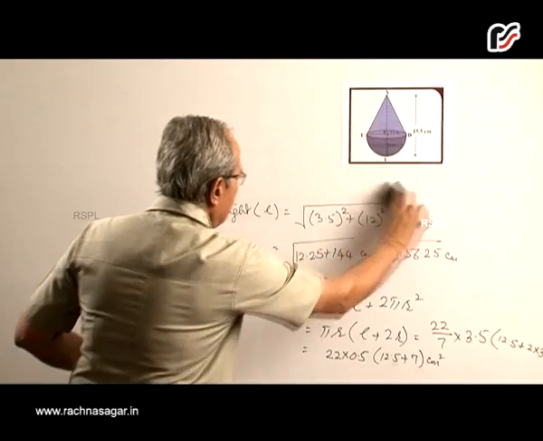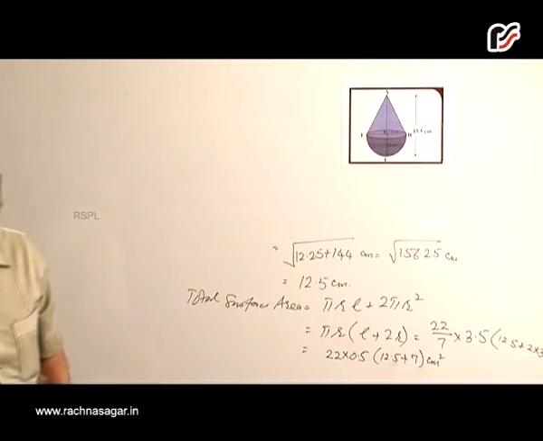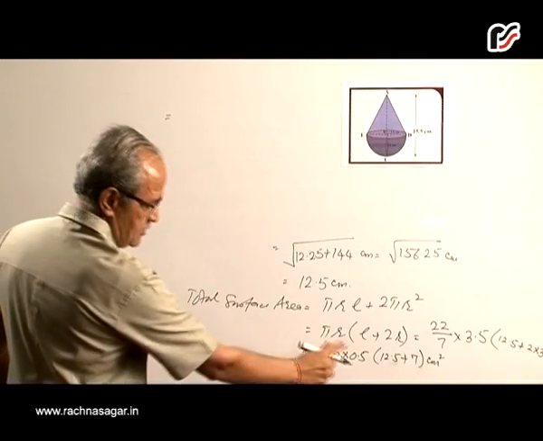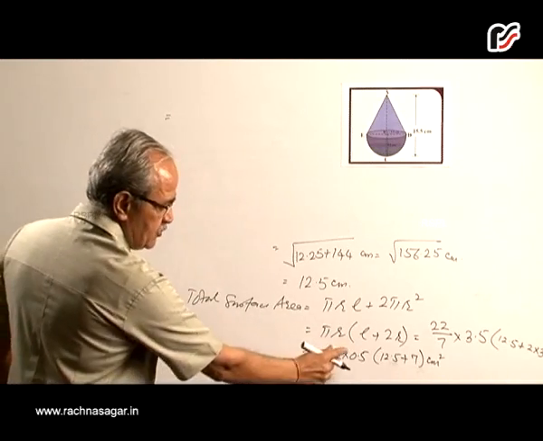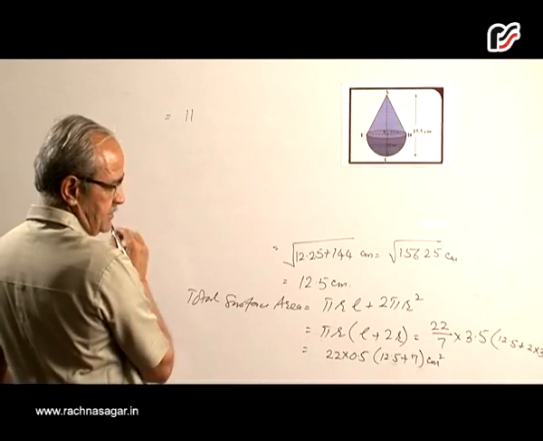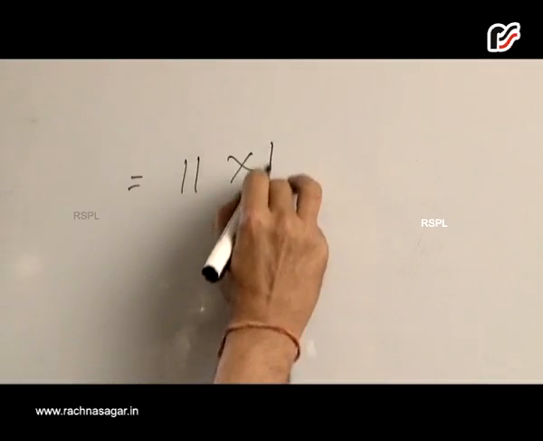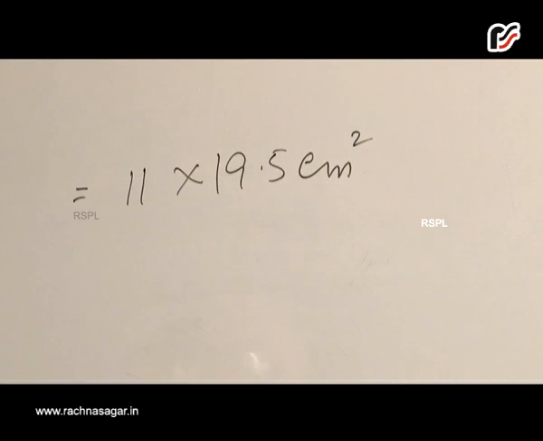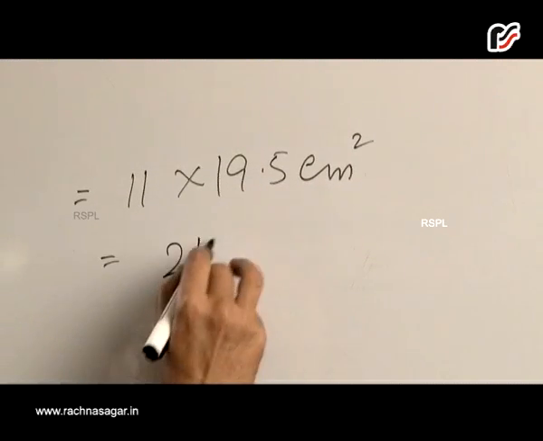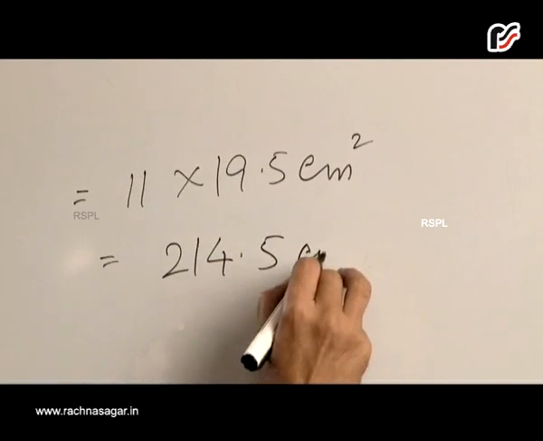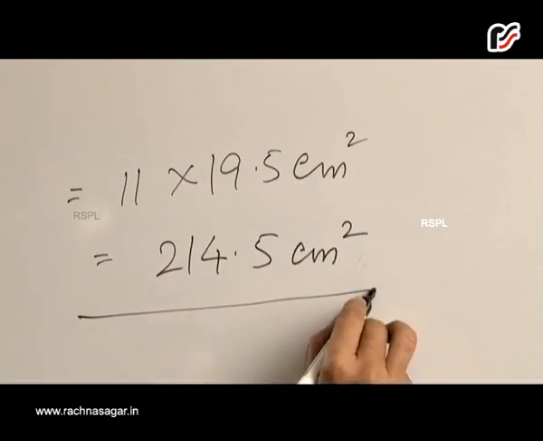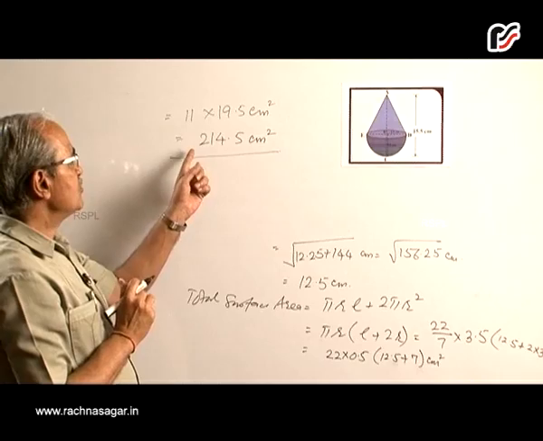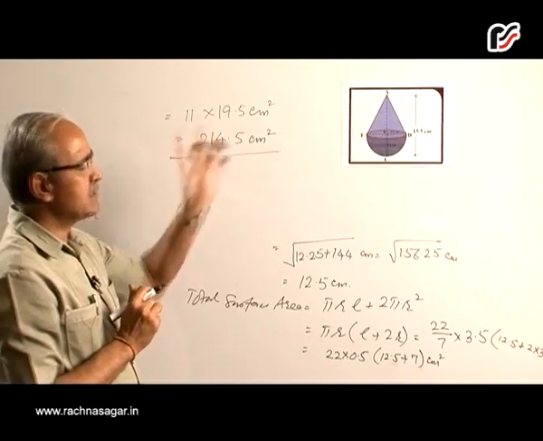We solve it further. Solving it further gives us this equals, we multiply this, 22 into 0.5 is 11 into 19.5 centimeter square. So this comes out to be 214.5 centimeter square. So total surface area of the toy is 214.5 centimeter square.